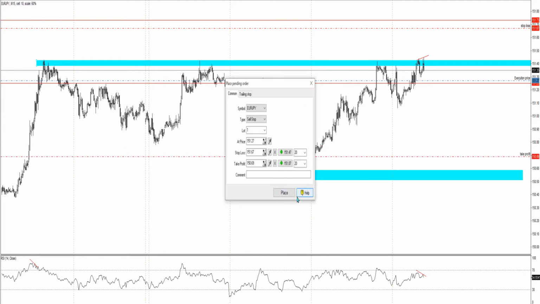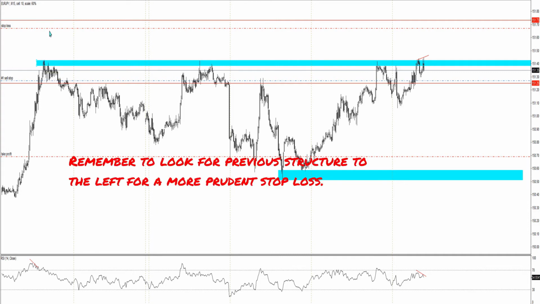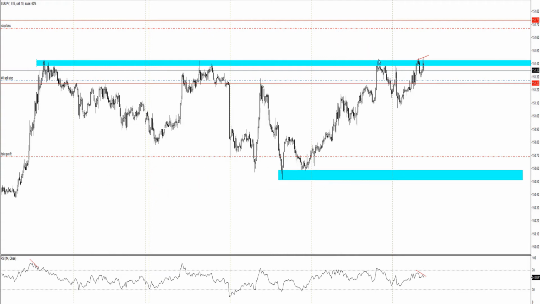So that could be our first entry. The stop losses are calculated from the highest high up to this level, but always looking to the left and looking for higher highs and then calculating it from that point up. Whichever one is the highest high, you calculate the 25 pips or 30 pips up. Let's see what happens in this case.